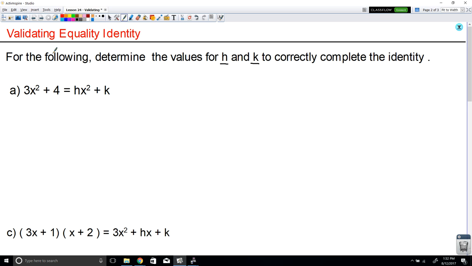Well, here we want to say, when does the left side equal the right side?